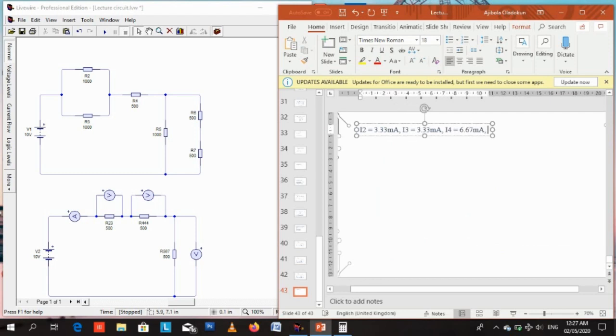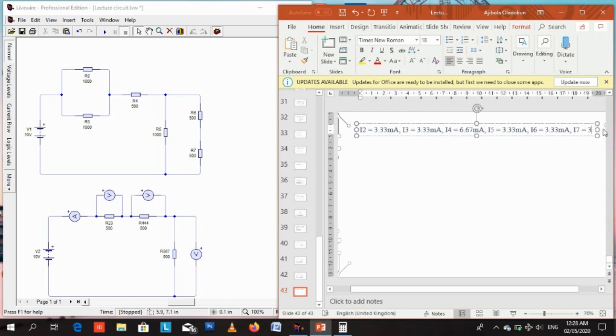I5 was 3.33 milliamperes. I6, which we just got now, is 3.33 milliamperes. I7, which is the same current that flows through I6, is 3.33 milliamperes also.